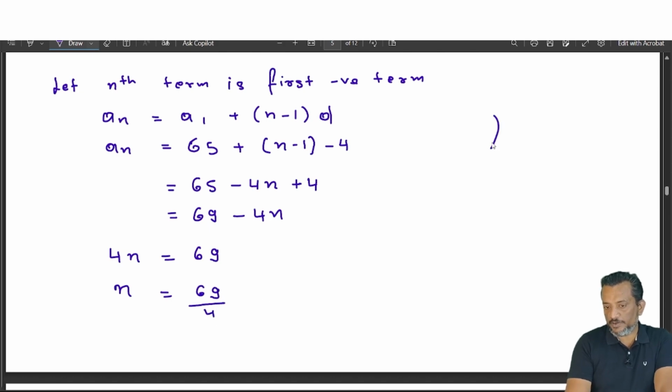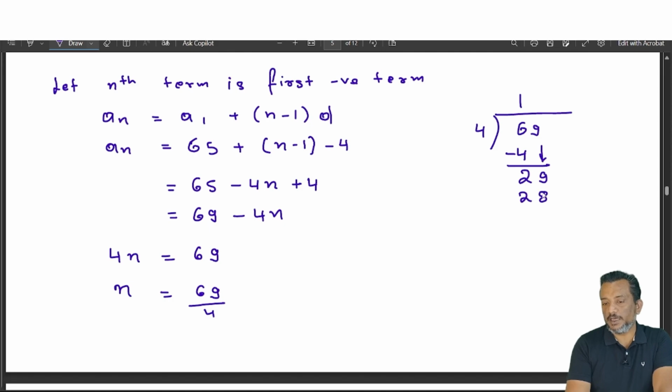Now I can do the rough work: 69 divided by 4. 4 goes 1 time, remainder 2, and 9 comes down. Now subtract, so you will get 28. So 28 is 7 times 4, which means you will get remainder 1.